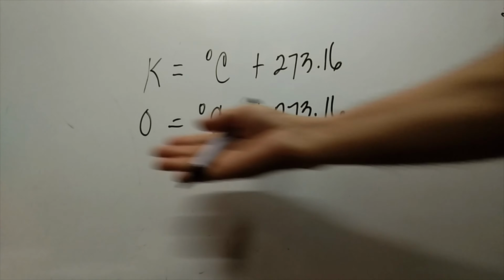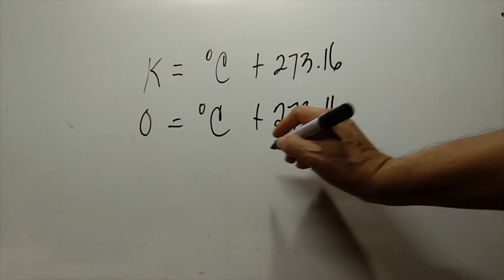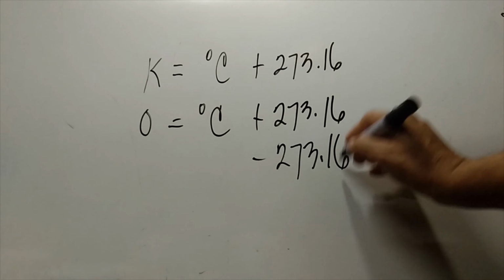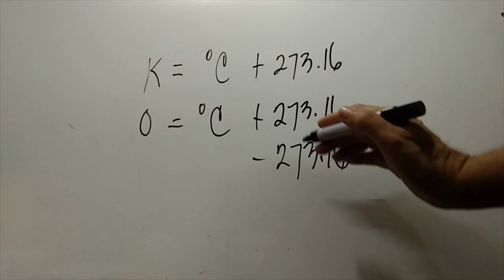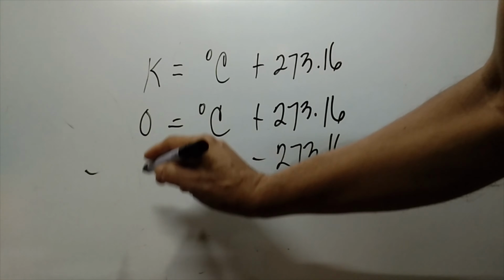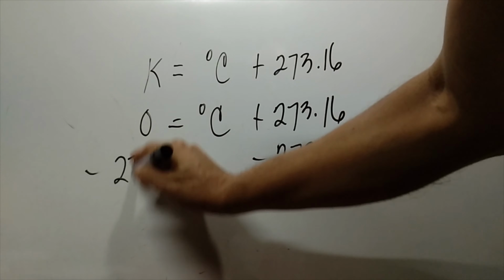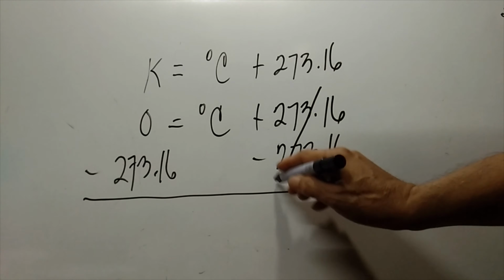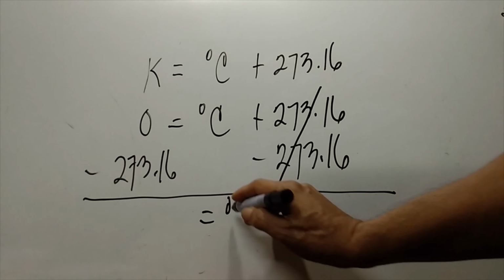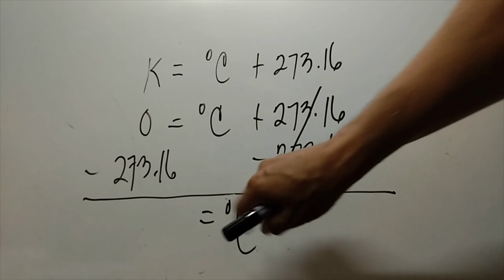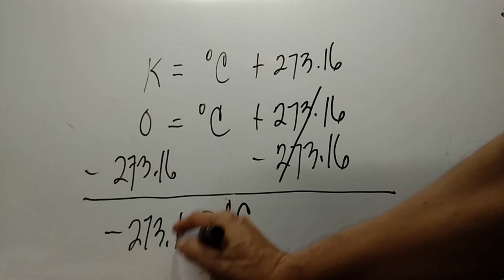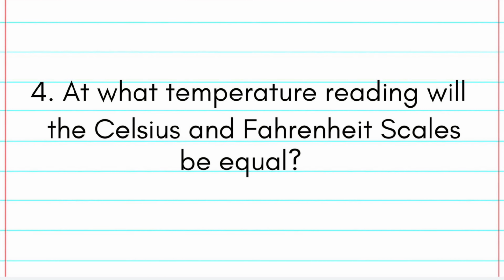Transpose this to the other side of the equation. Subtract the same value to the other side of the equation, so that will not be changing the expression. All over, this will become 0. So degrees Celsius therefore will be equal to negative 273.16.